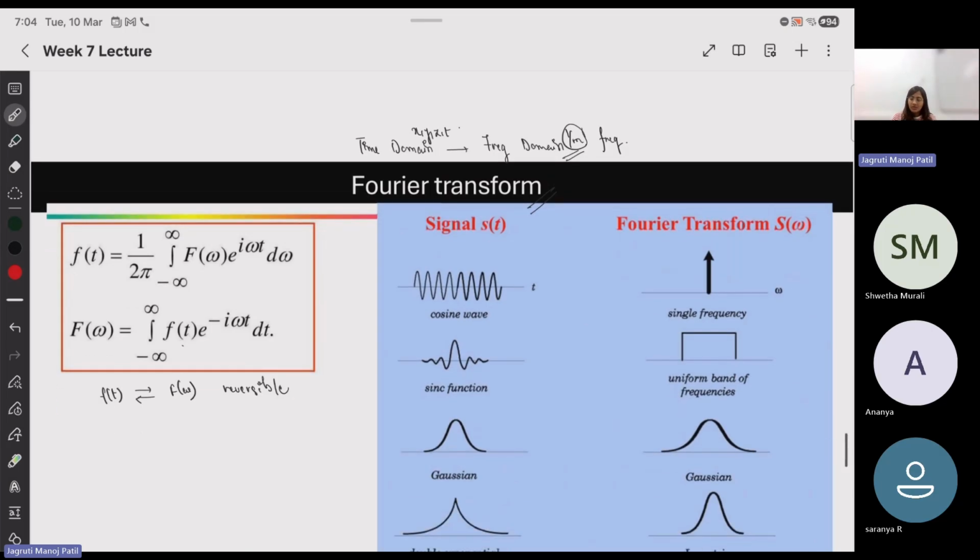Now you can also write one function as a summation of a series. Euler's form, as you know till now, can be written as cos of omega t plus i sine of omega t.